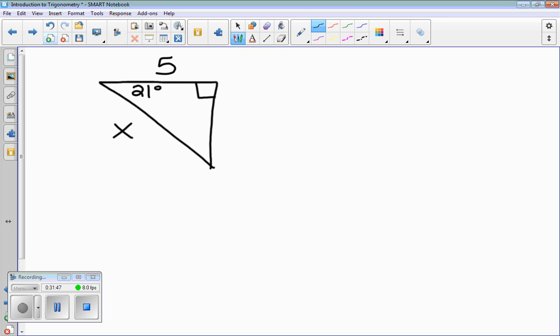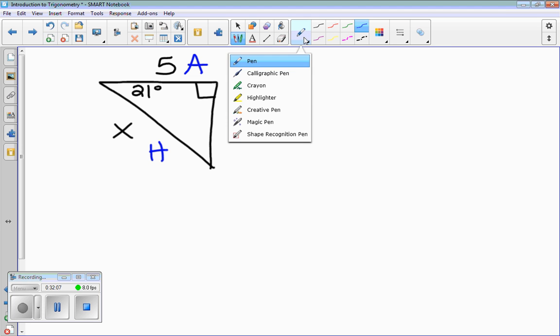I really only care about the sides that are labeled. I don't care about the extra unlabeled blank side. But what does 5 represent, O or A? It's the adjacent side. Good. Adjacent to our given angle. What about the x? It's always the hypotenuse when it's across from the right angle.